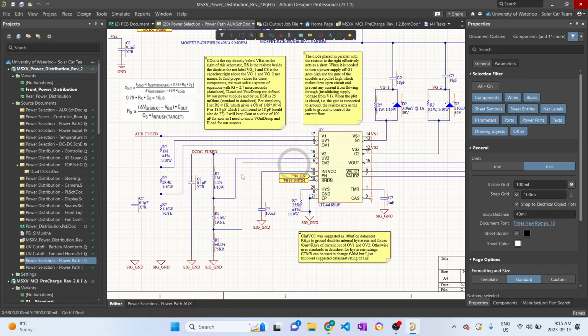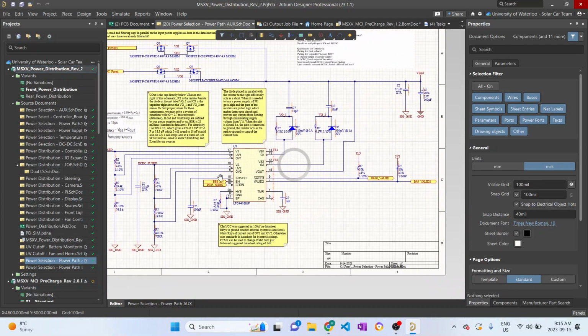So you might also be wondering, how does it select the power path electrically?